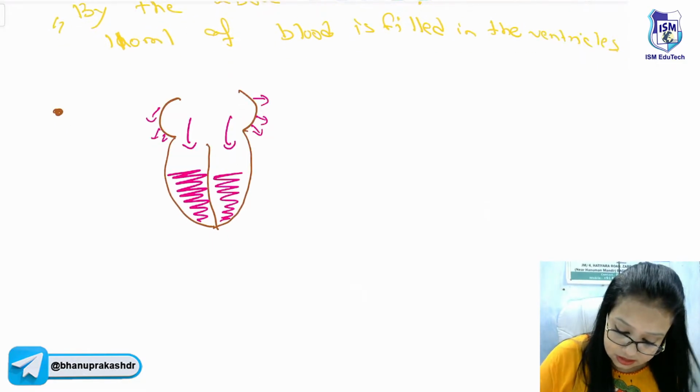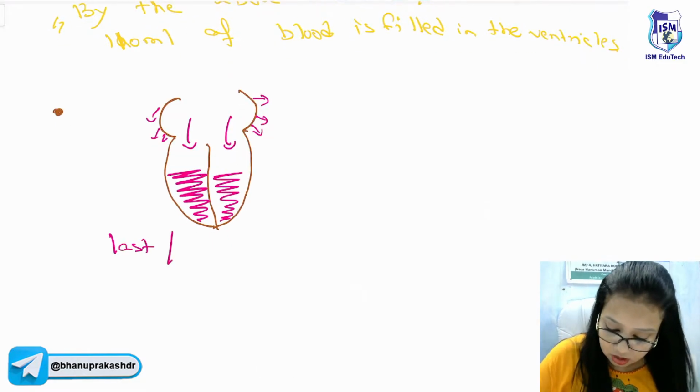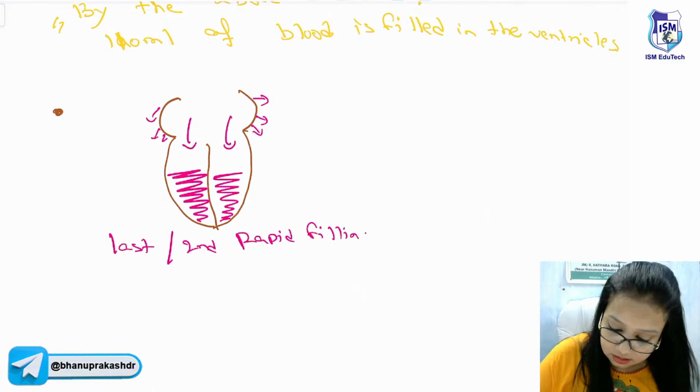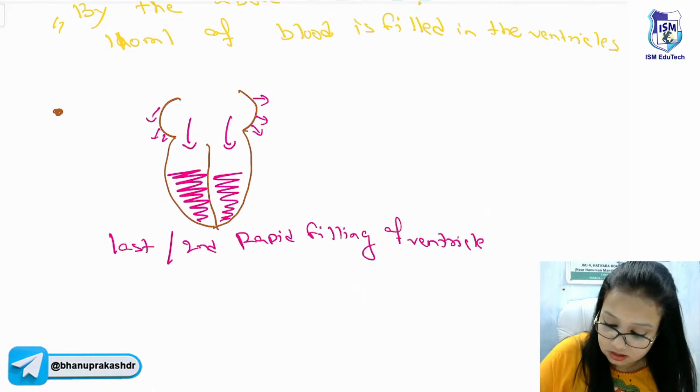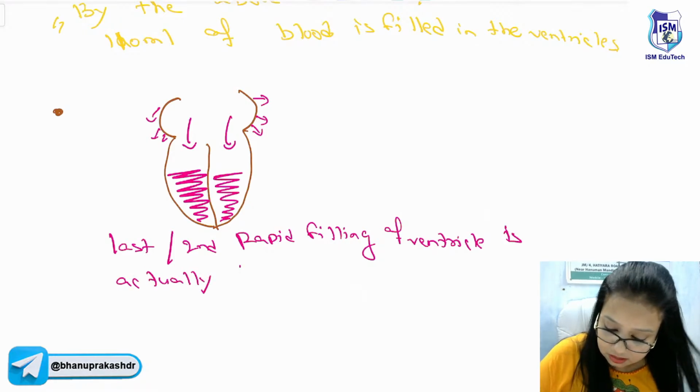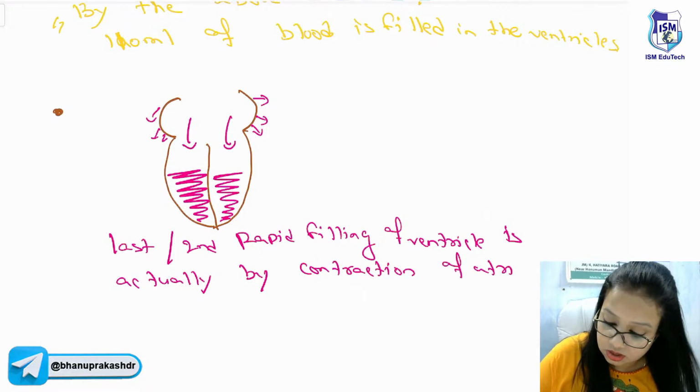So, this last or second rapid filling of the ventricle is actually by contraction of atria.